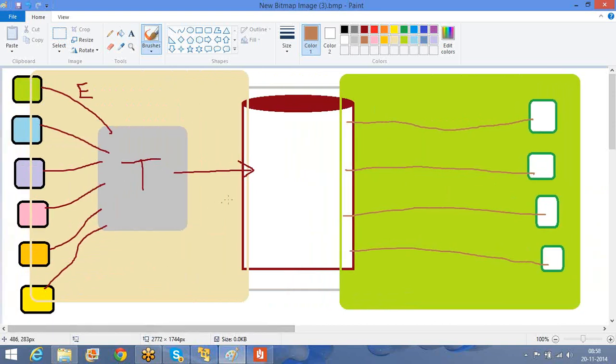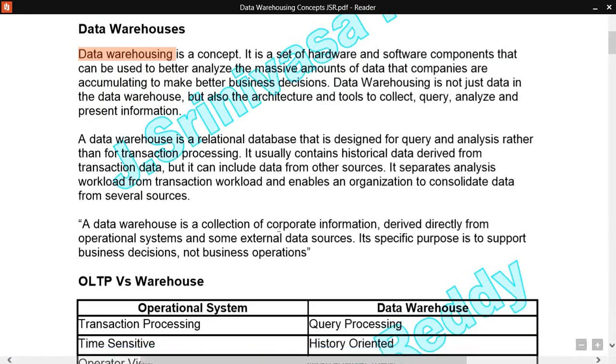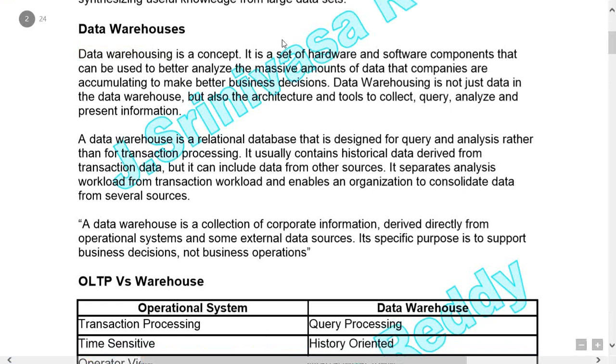So data warehousing is a concept. Data warehousing is a mechanism. Data warehousing is a technology. Data warehousing is a complete architecture. It is a set of hardware and software components that can be used for better analyzing the massive amounts of data that companies are accumulating, to make better business decisions. So a data warehouse is not just the data in the data warehouse, not just data in the source systems.